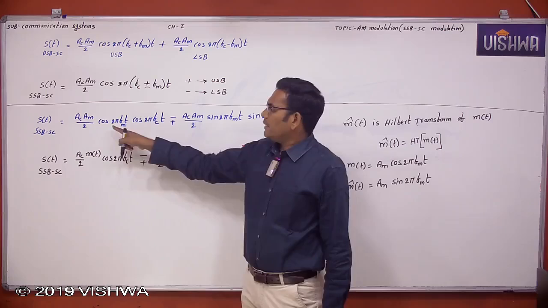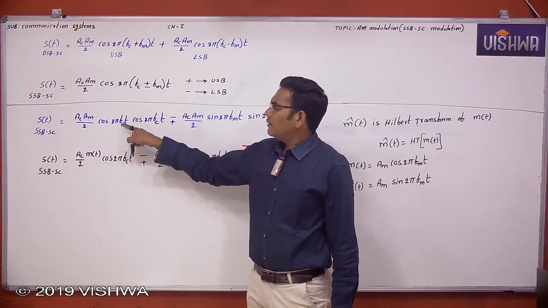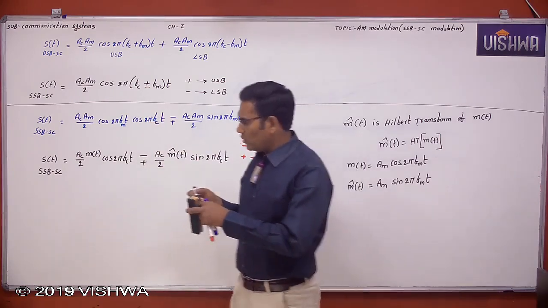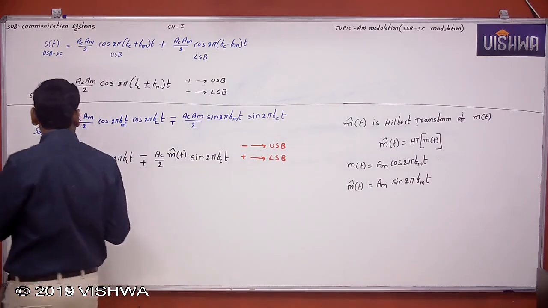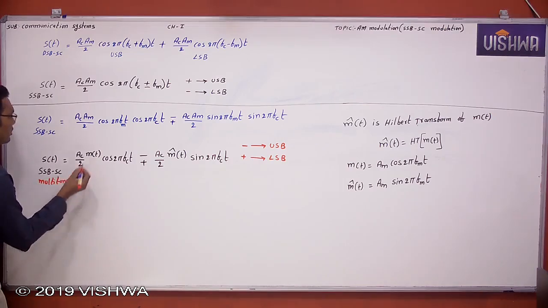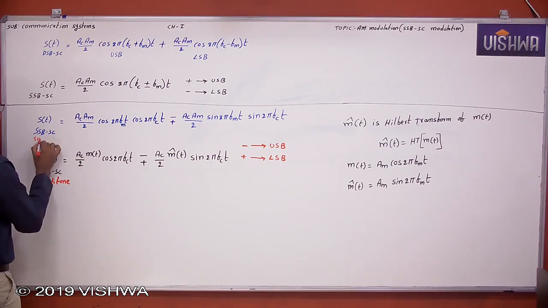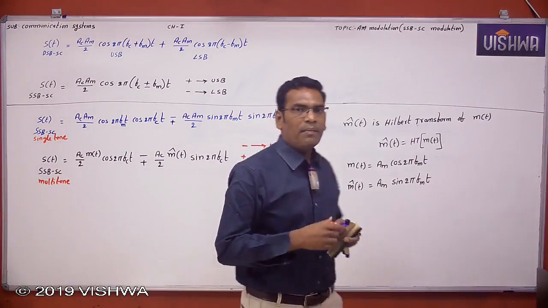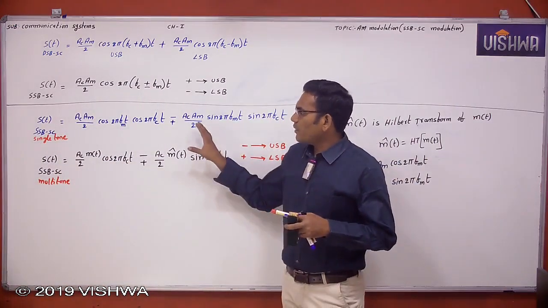Now this is SSB-SC. M of T is nothing but AM cos 2 pi FMT. This is a single tone SSB-SC. And what about this? This is M of T, SSB-SC multi-tone. This is multi-tone and this is replaced, therefore this is nothing but single tone SSB-SC, right? So this is a mathematical time domain equation of SSB-SC.